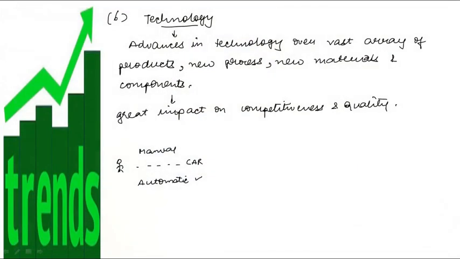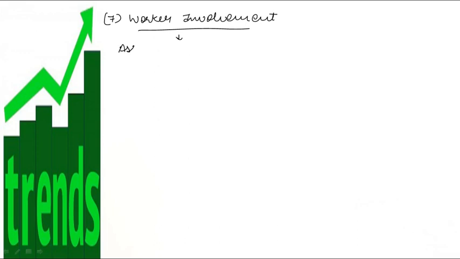Now moving on to next point number 7. Point number 7 is about worker involvement. So what does worker involvement over here refer to? That means assigning roles, assigning responsibility and problem solving.